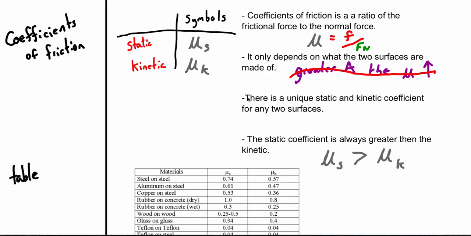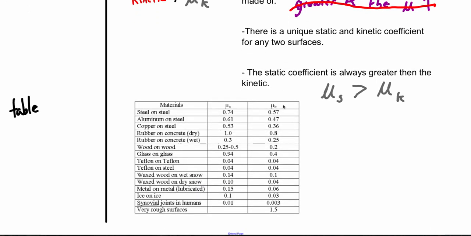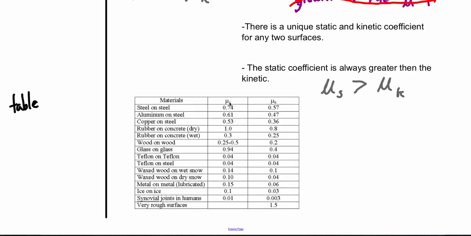Since the coefficient only depends on the surfaces, there's a unique static and kinetic coefficient for any two surfaces. So let's look down here at a table of the coefficients. The coefficient of static friction for steel on steel, through experiment, we can measure and give as 0.74.